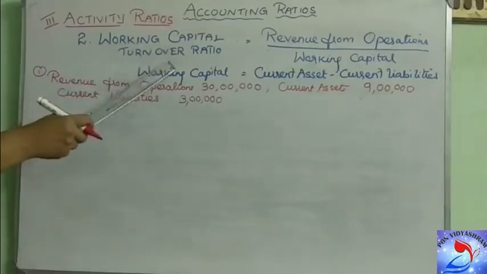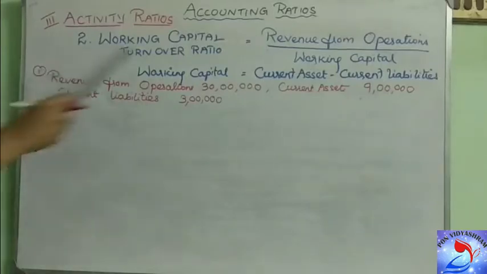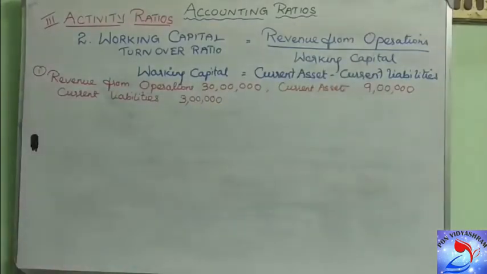So the working capital turnover ratio is going to give you a relationship between the revenue from operation and working capital. The main objective of computing this ratio is to ascertain whether or not working capital has been efficiently used in generating revenue. So working capital turnover ratio is revenue from operations divided by working capital.